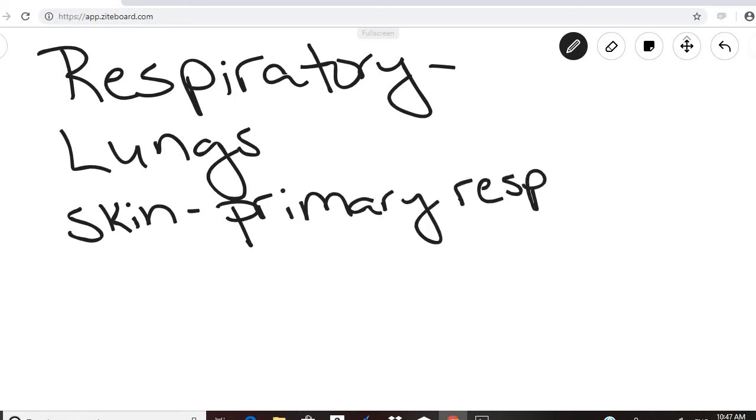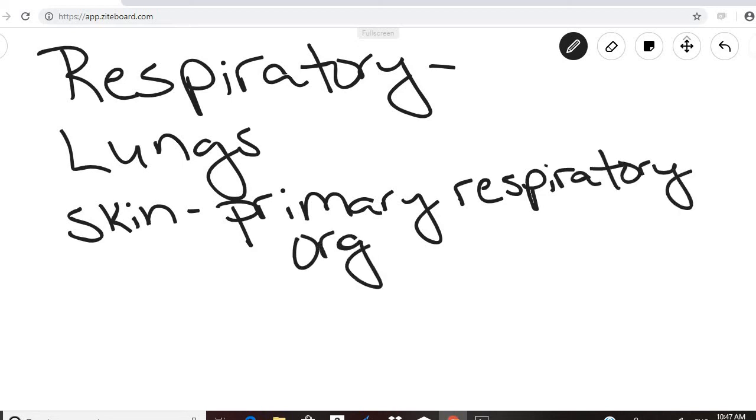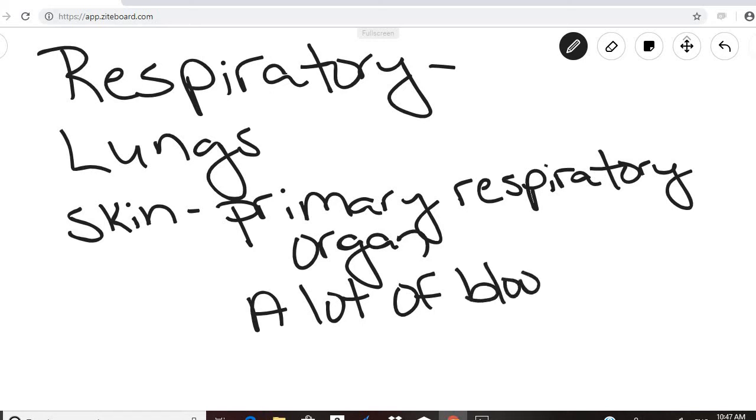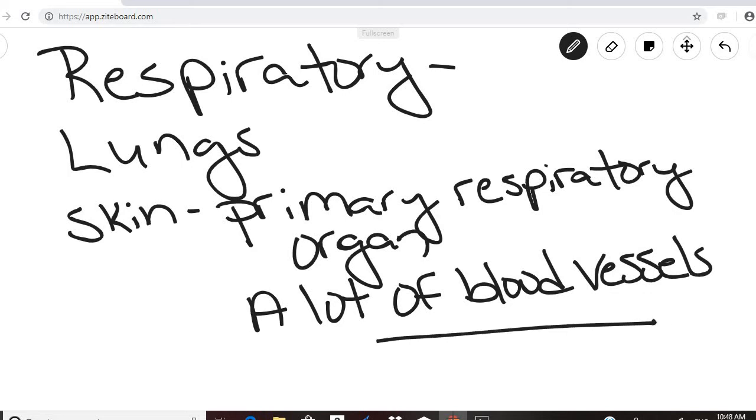So when we dissect a frog, you will see that on the other side of the skin, there are a lot of blood vessels. And so oxygen and carbon dioxide can just move right across the skin, and they can breathe in that way. And we'll see that there's a lot of small blood vessels that are called capillaries.